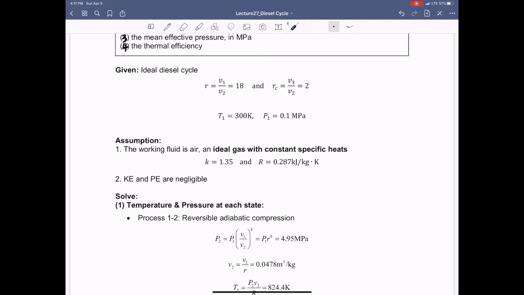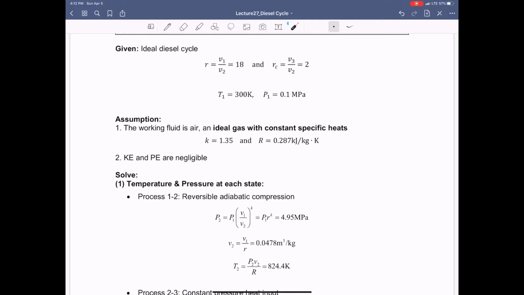And also we know the initial temperature and initial pressure. Now the assumption is that the air is the working fluid, and that is ideal gas with a constant specific heat. And I truly wish that you should be able to calculate the k value, the specific heat ratio, and the gas constant from the given Cp value and Cv value.